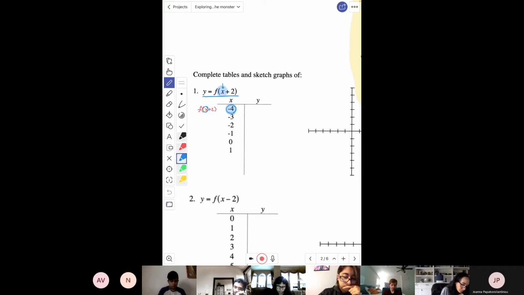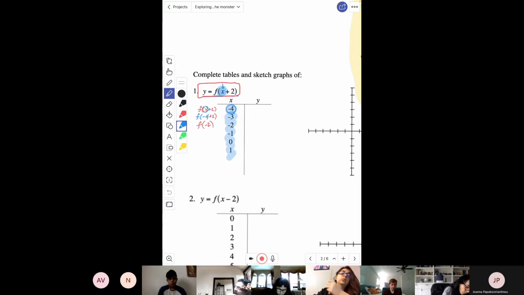If I substitute -4 in for x, what am I really evaluating? Well, f evaluated at -4 plus 2 is just f at what? What's -4 plus 2? Okay, so all I've done is say I want to evaluate the function for these values of x. And when I substitute x in here, what am I really evaluating?